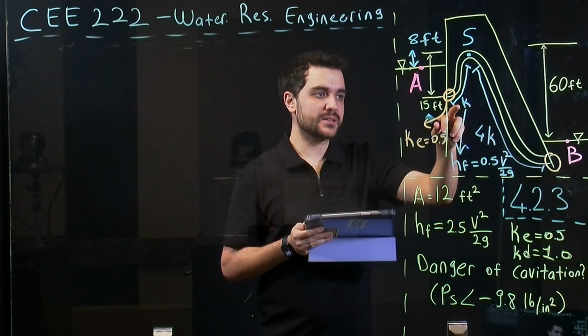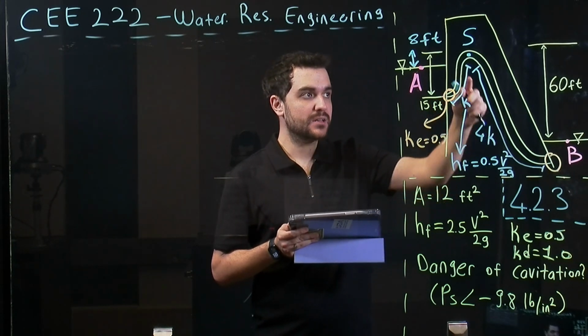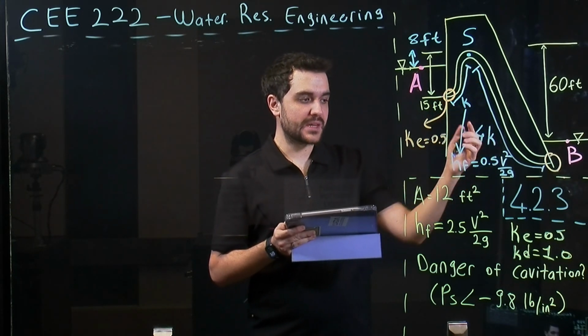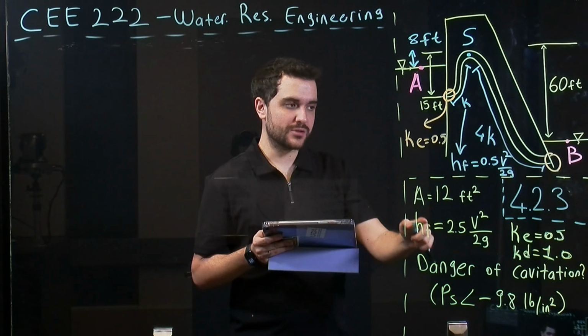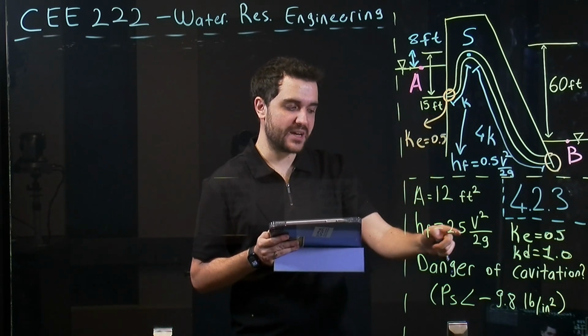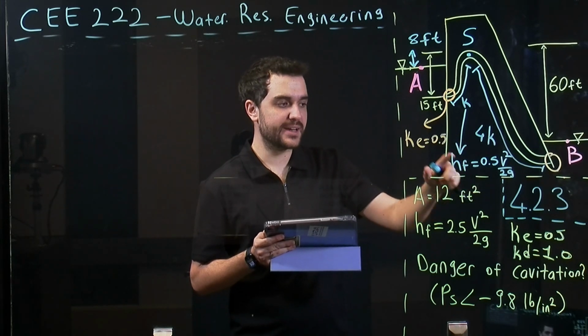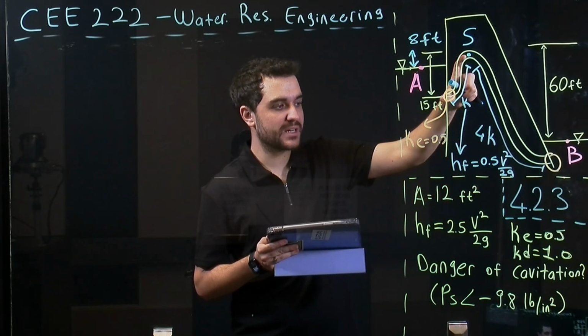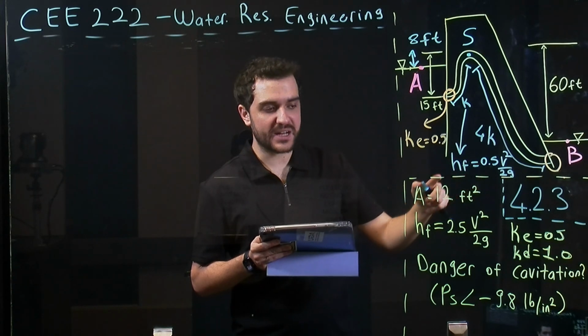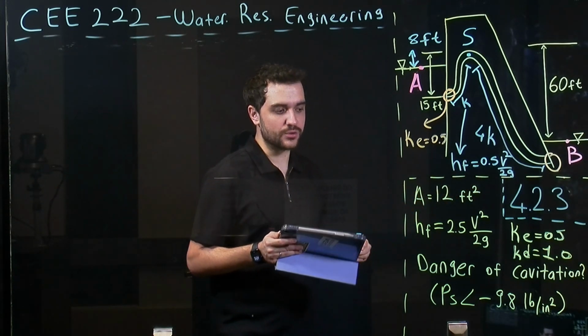So if we say this length is k, the remaining will be 4k. Since the entire head loss throughout this pipe is 2.5 velocity head, the friction head loss for this part will be 0.5 v square over 2g.